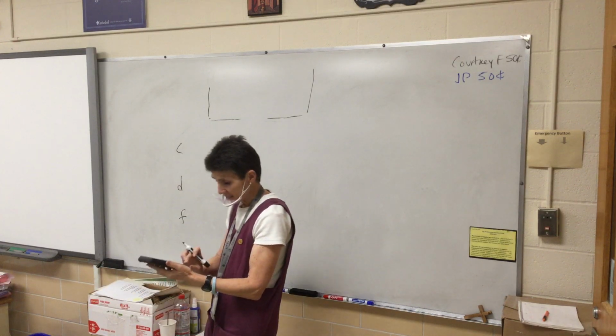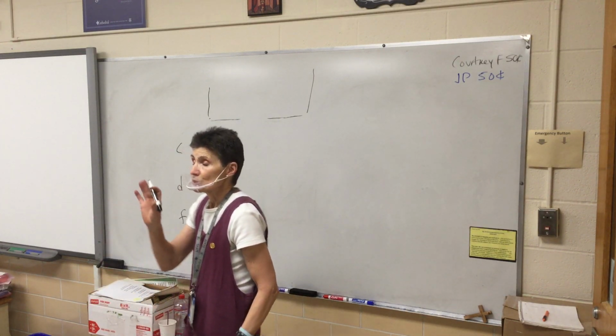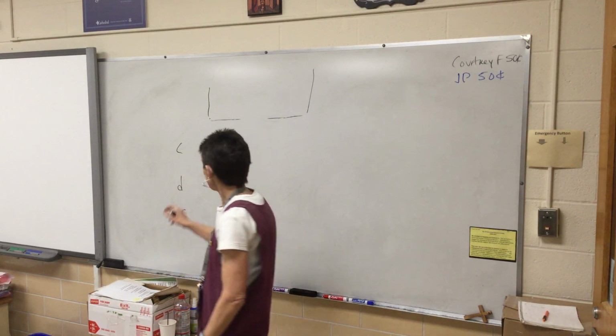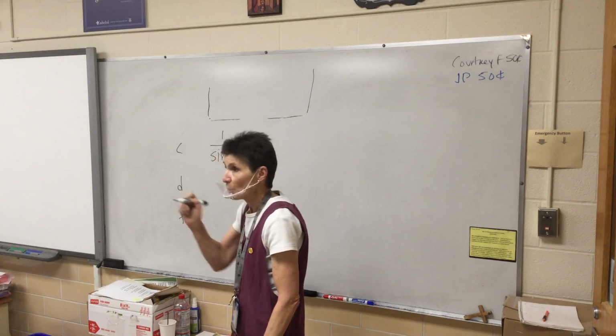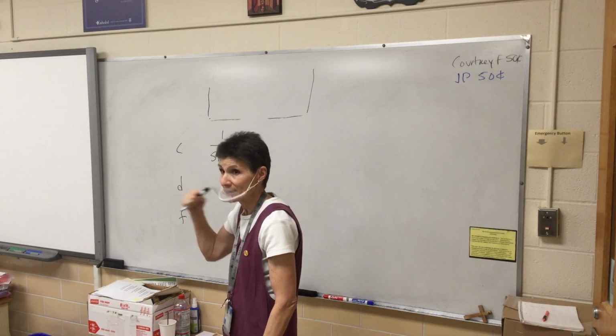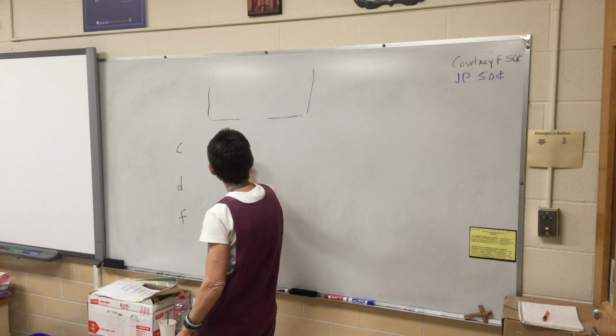So problem C says cosecant. To type cosecant, you're going to do 1 divided by sine. That's what cosecant is. Remember, we're memorizing our yellow sheet. So cosecant 5 pi over 6.